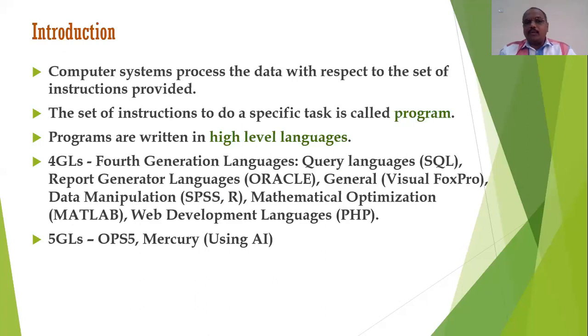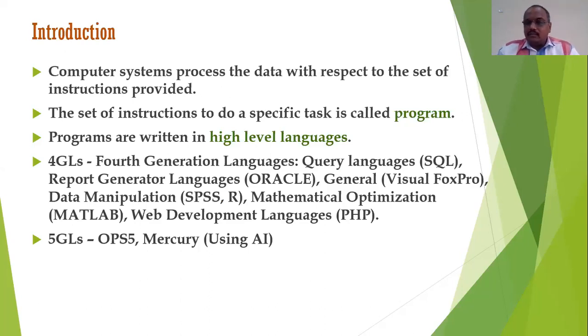We have different types of programs, but you know that very well. The programs are written in high level languages. This is what you studied when you were studying IT systems. When you were studying other programming languages, your instructor might have told you that programs are written in high level languages. Here I am going to give you some samples of 4th generation and 5th generation languages. For the 4th generation languages, query languages are an example. We can take SQL. Report generator languages are Oracle.